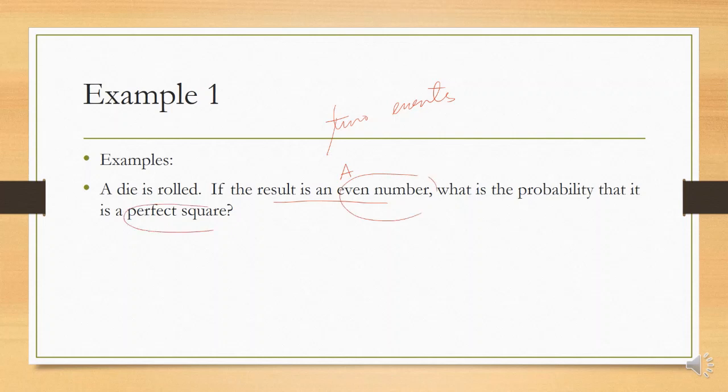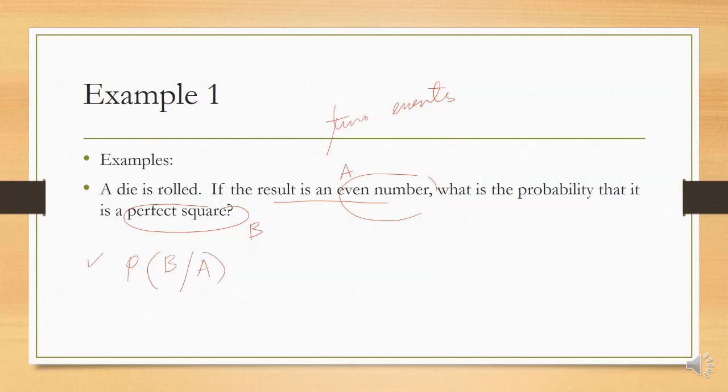and this one is event B, our notation will actually be P, what is the probability that it is a perfect square given that it is an even number?